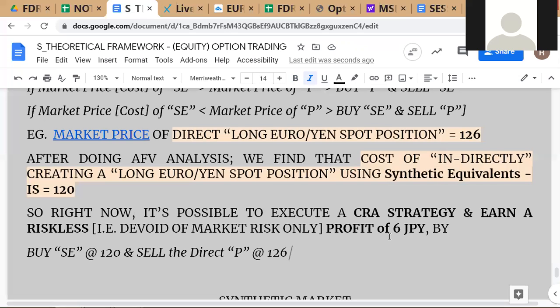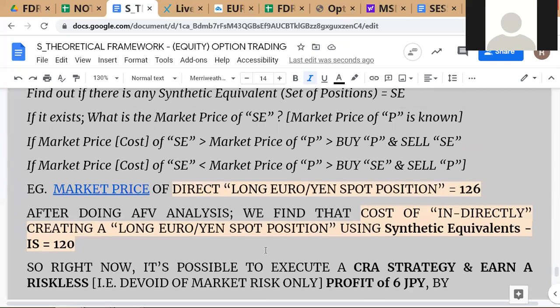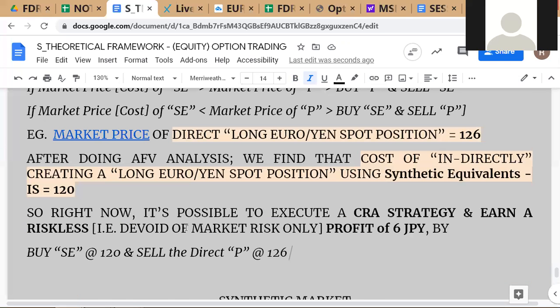You will find this idea that because there is no market risk, these positions, these strategies, these trades are devoid of market risk, so people have no fear. They will do this for massive positions and pick up huge profits, and these are riskless profits.